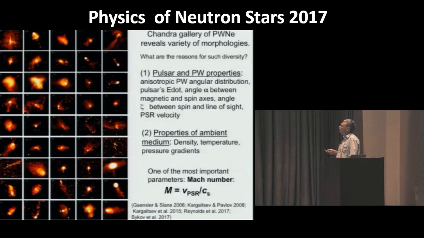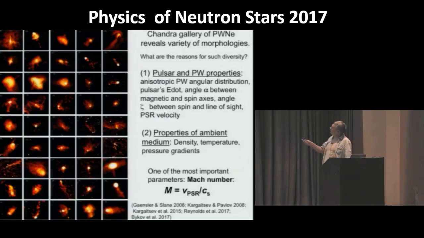Many of them have toroidal and polar components, sometimes called torus, jets, or rings. That carries information about the orientation of the pulsar spin axis with respect to the observer's line of sight. I also believe there is information encoded about the angle between the magnetic and spin axes. I'll talk about it in detail a little later.